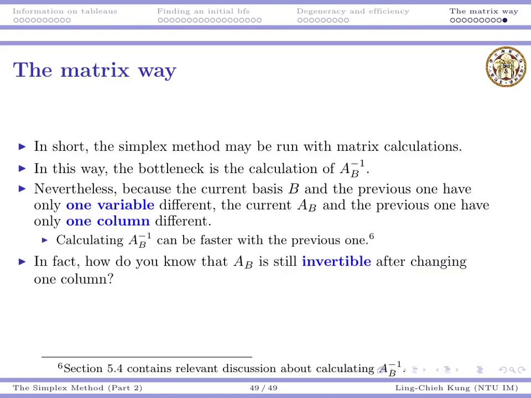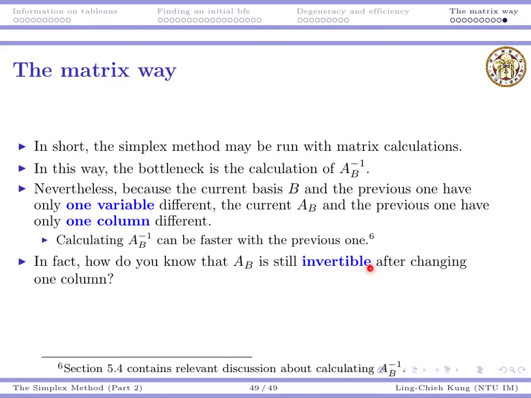Actually, up to here, probably you want to ask one question. The previous B makes your AB matrix, and that AB matrix is certainly invertible. But after we change one column, how may we guarantee that the new AB matrix is still invertible?